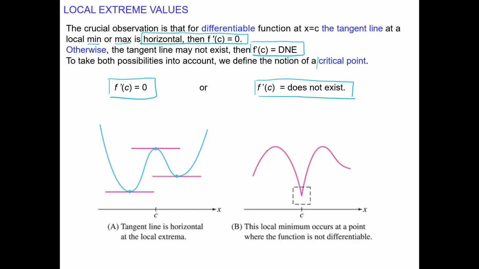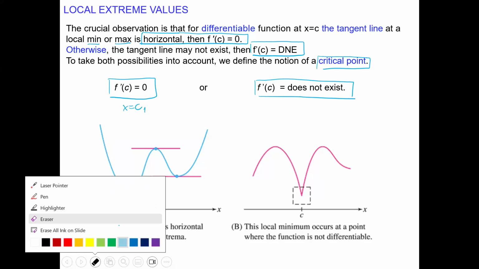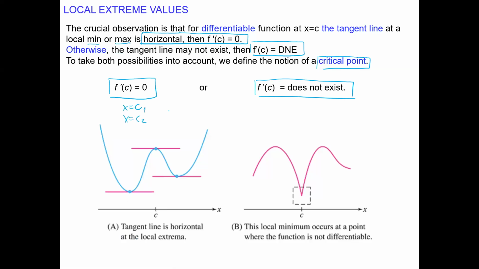Then at these points, if we solve this, this will be c sub 1, the next solution maybe c sub 2, then c sub 3, and I can even say c sub 1, c sub 2, c sub 3, c sub 4.